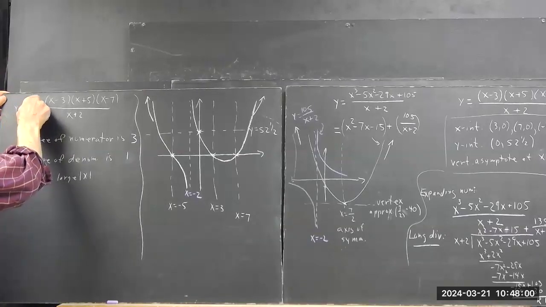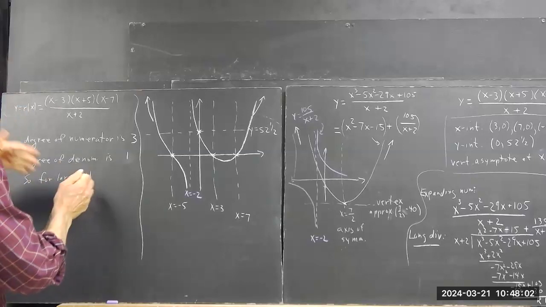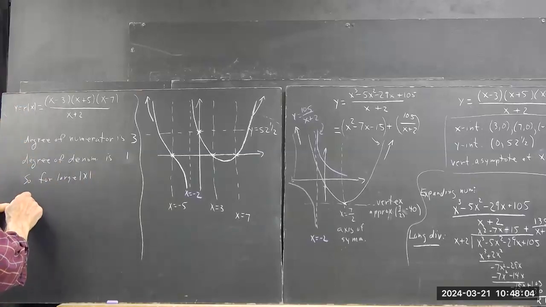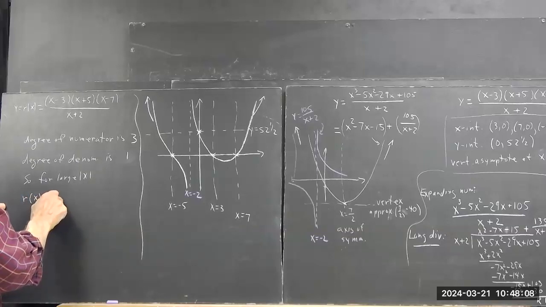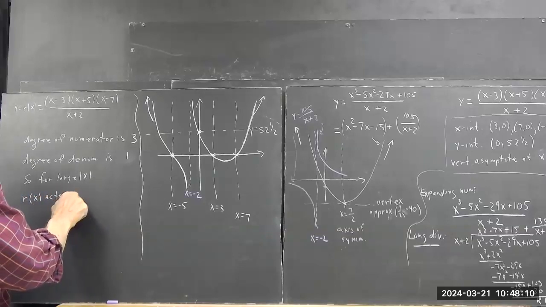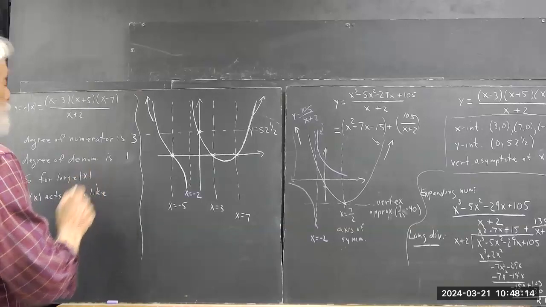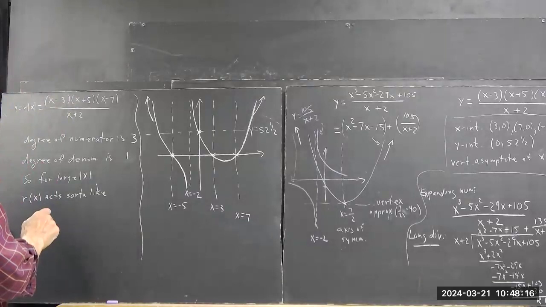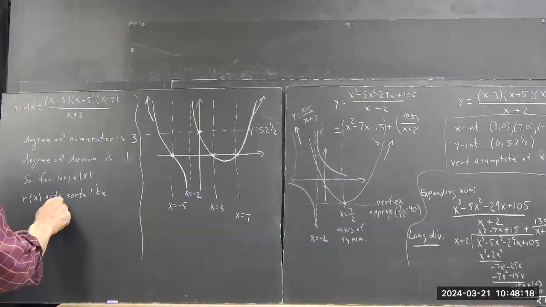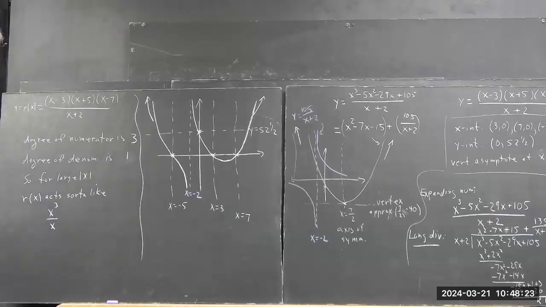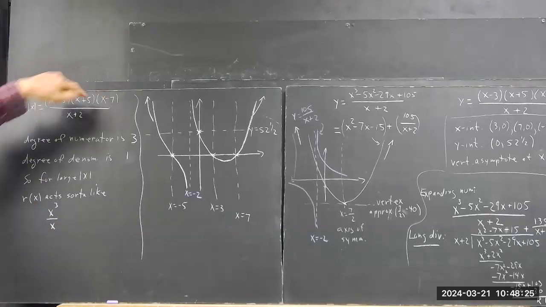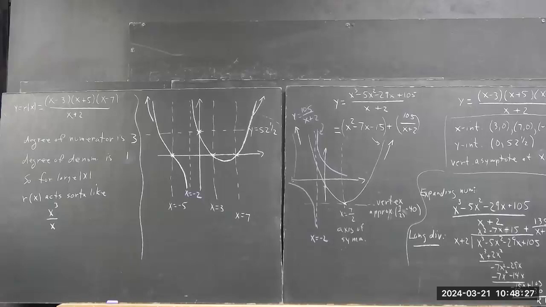We can say, give it its name here, R of x, so I can talk about it. For large absolute value of x, R of x acts sort of like x cubed over x. Because we have an x cubed in the numerator, we just have an x in the denominator.